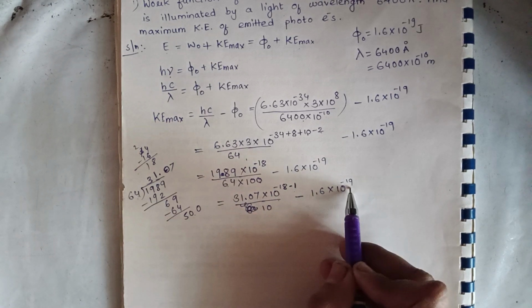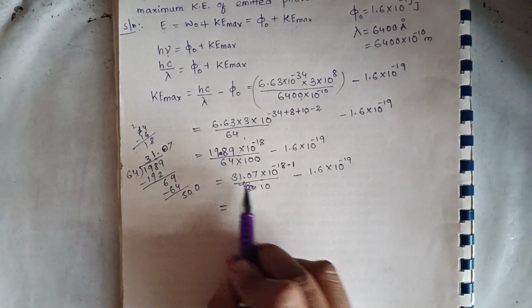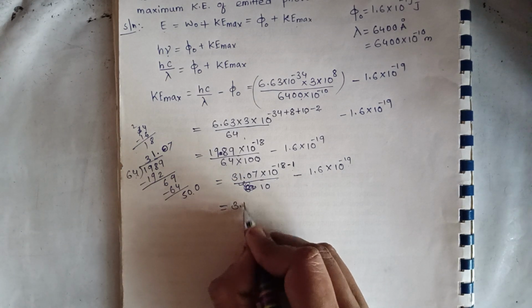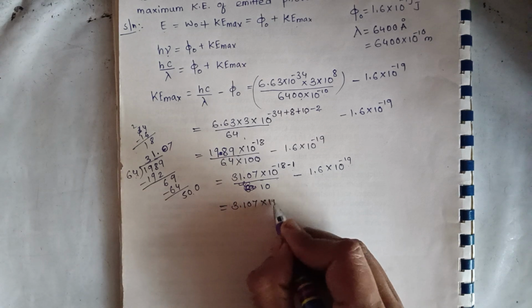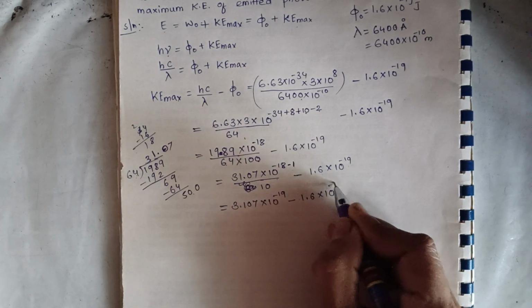So the power should be equal. This 10 I can take here, that is, the point will shift this side. 3.107 into 10 raised to minus 19 minus 1.6 into 10 raised to minus 19.